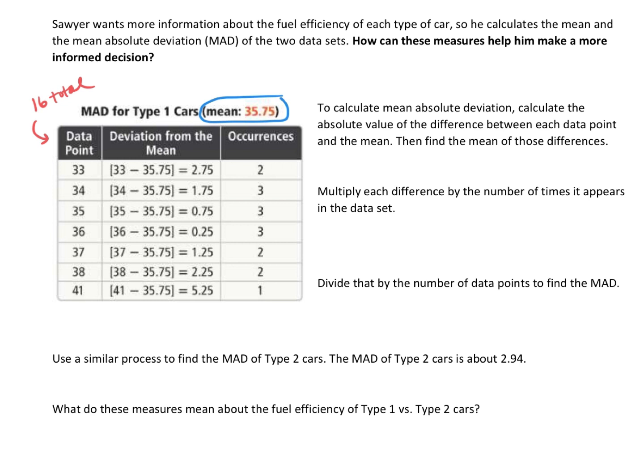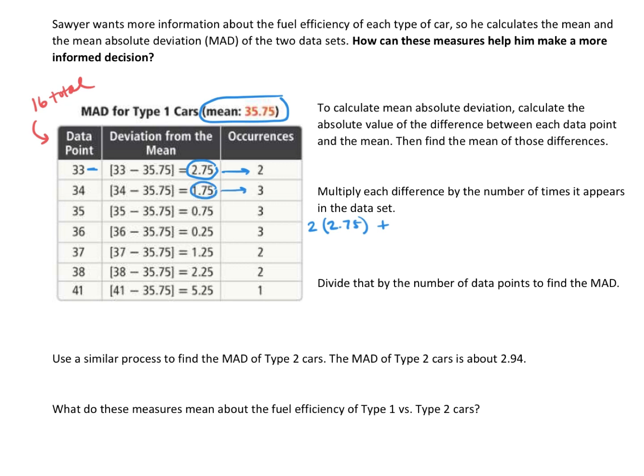So what we do, if we had a difference of 2.75 when we had a data point of 33, that happened 2 times. So we're going to take 2 times that 2.75. Again, this just saves us some work, so we don't have to calculate that twice. We're going to add to that this 1.75.